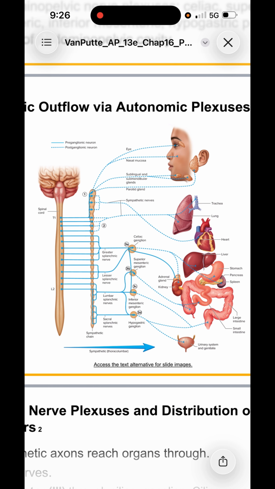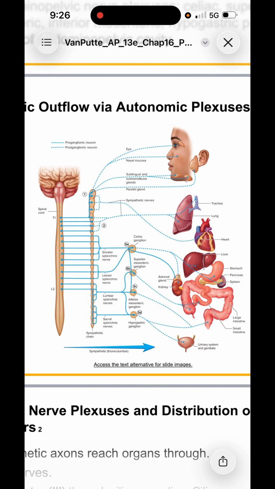Eye, nasal mucosa, sublingual and submandibular glands, parotid gland, sympathetic nerves. 2.